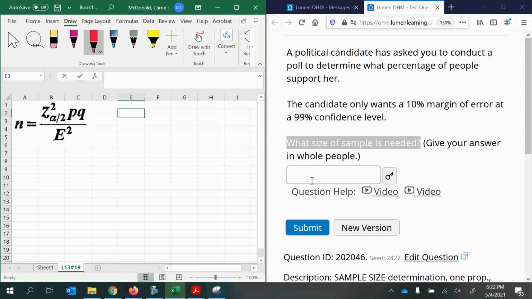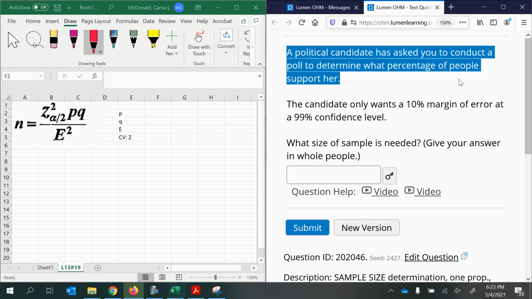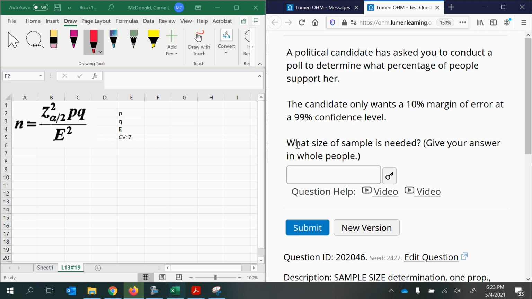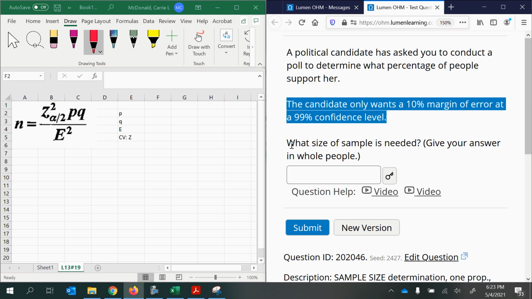So we're going to want P, Q, E, and a critical value z-score for a two-tailed confidence interval. Usually P and Q are the easiest to find if they are given. Here it says nothing about a proportion that we think it might be.